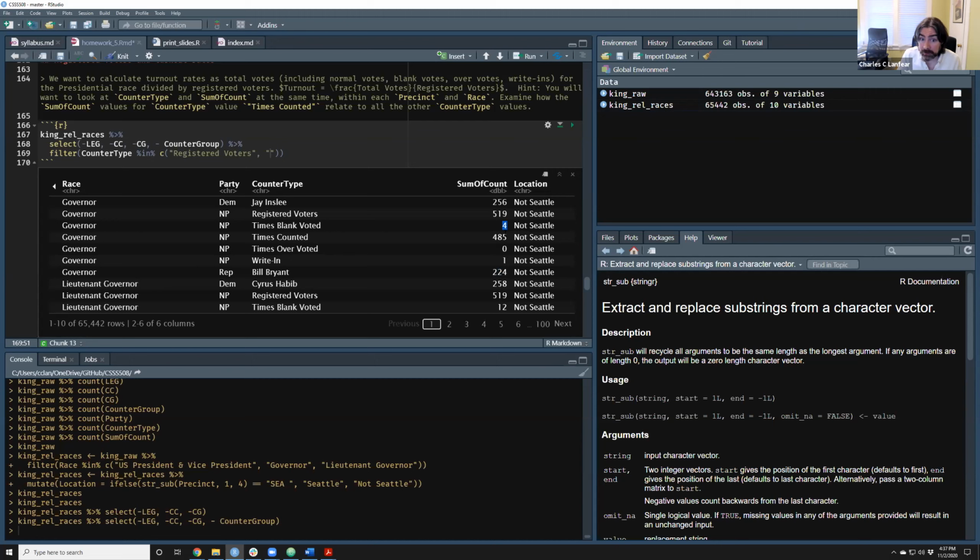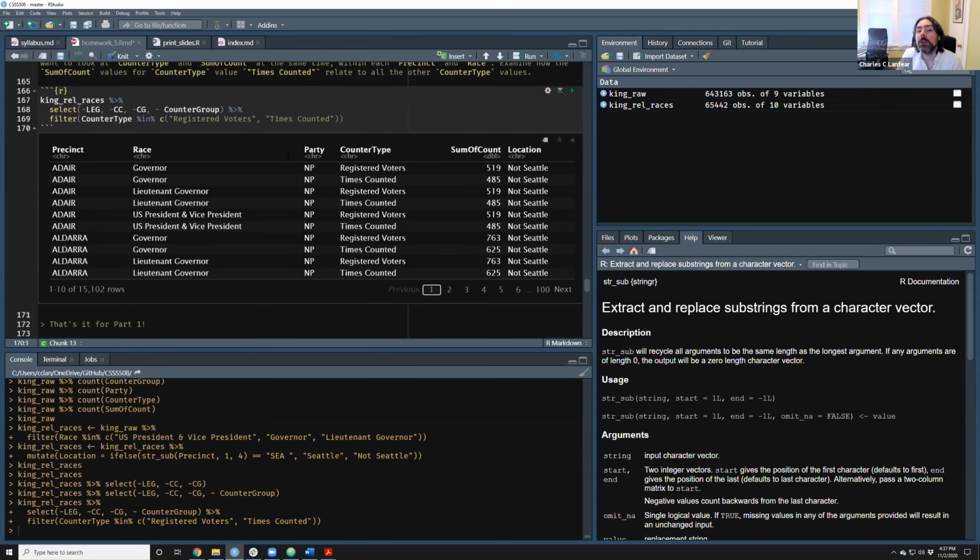That ends up being 485. We could manually tally all these up some other way, but the easiest way is to just grab the times counted. So if we filter down to times counted, we'll end up with 2 rows per precinct per race.